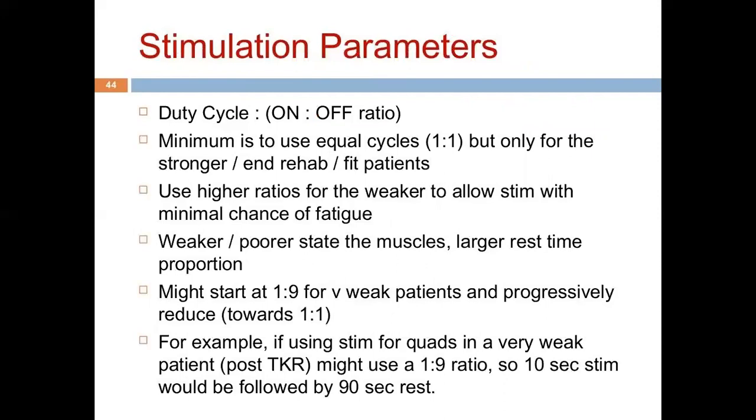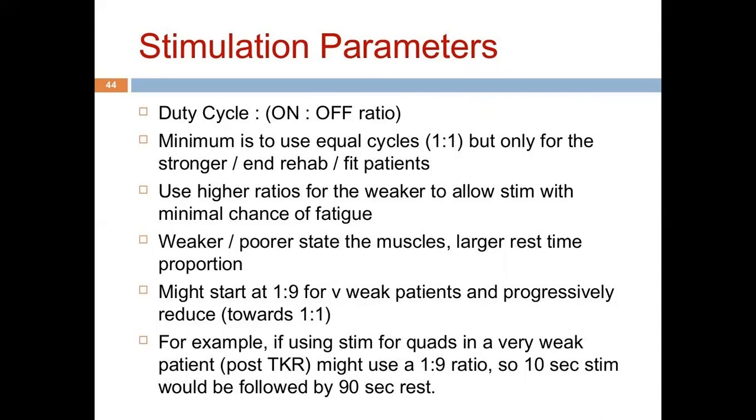For the stimulation parameters, the duty cycle is the on-off ratio. A minimum of equal cycles, 1:1, is used, but only for stronger, rehab and fit patients. Higher ratios are used for the weaker to allow stim with minimal chance of fatigue. The weaker or poorer the state of the muscles, the larger the rest time proportion.